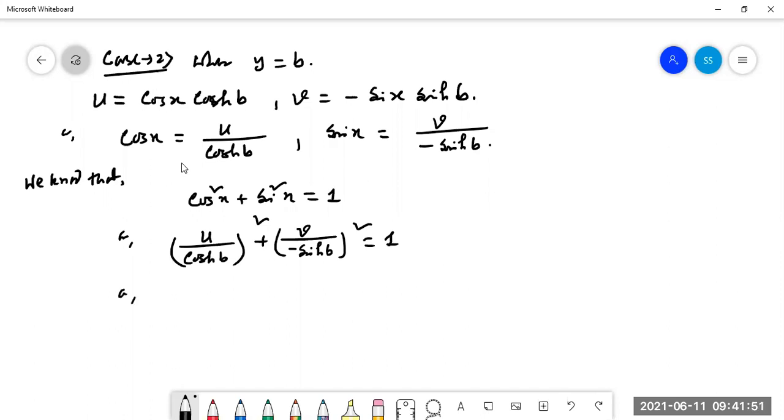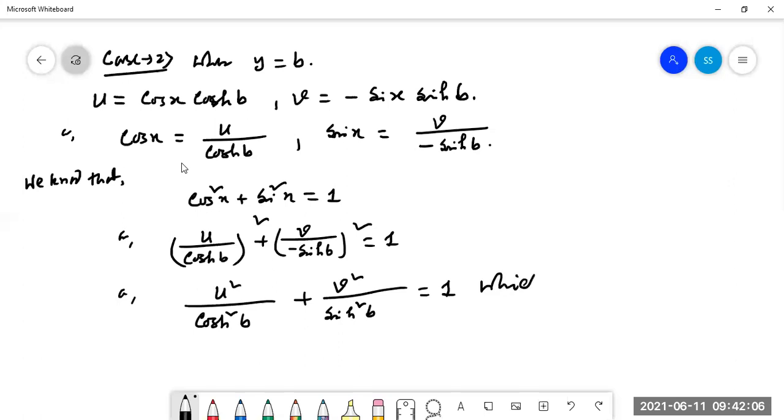So from here we got u square by cos hyperbolic square b plus v square by sin hyperbolic square b equal to 1. Whose equation is this? Please tell me. Ellipse, sir. Yes, this is the equation of an ellipse.